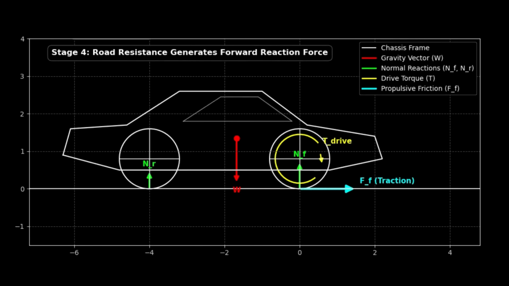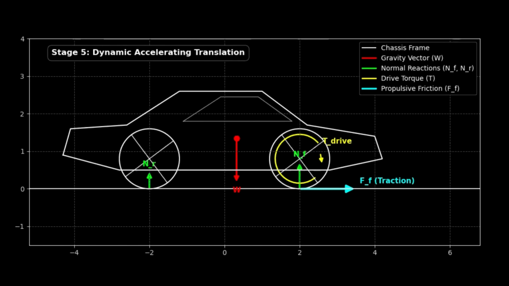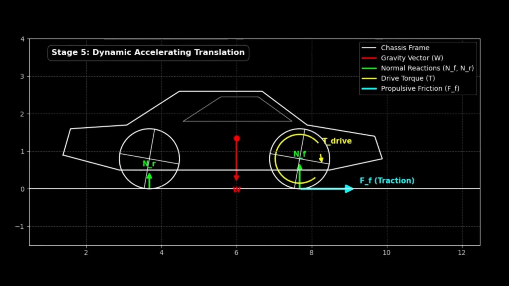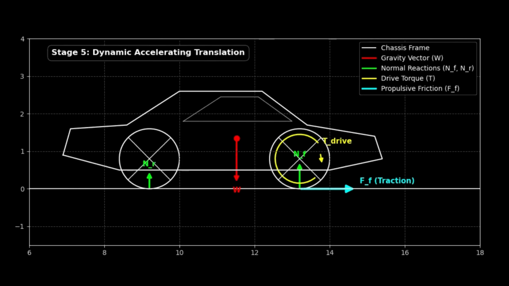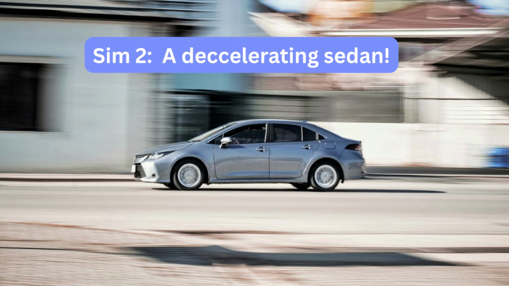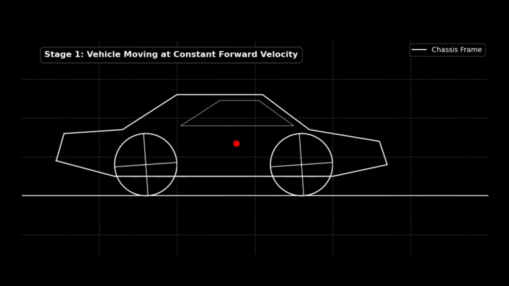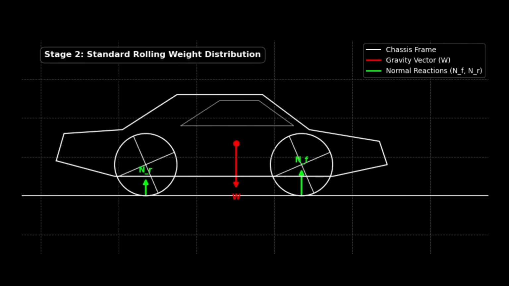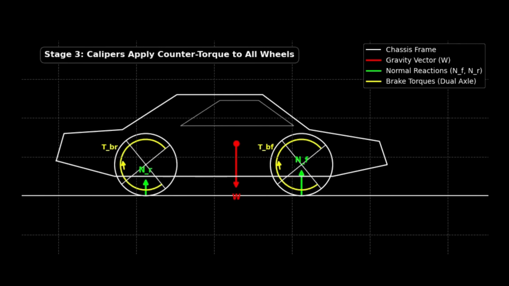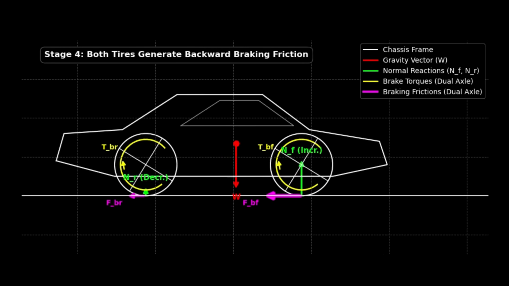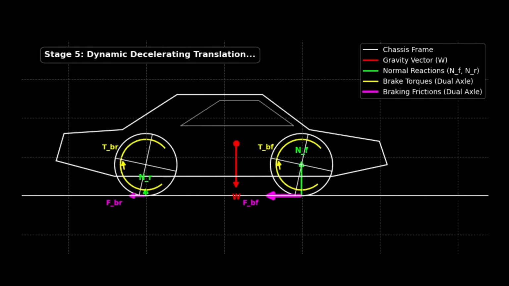As the engine delivers torque to the front wheel, the traction force develops and accelerates the vehicle forward. When the brake is applied to the rotating wheels of a moving car, braking traction develops as a consequence and decelerates the vehicle.